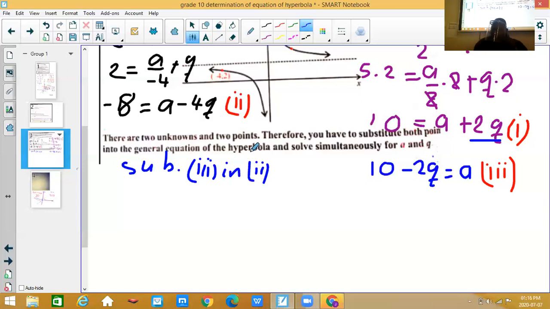When you are substituting, wherever you have an A in this equation, you plug in this number. So what do you have? We've got -8, right? In the position of A, what are you going to put? 10 minus 2q, which is this one. And then minus 4q, which was already there.